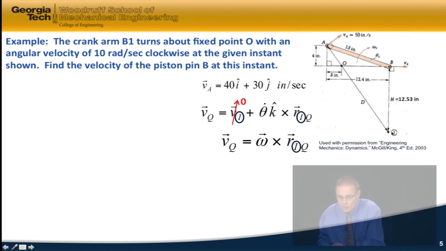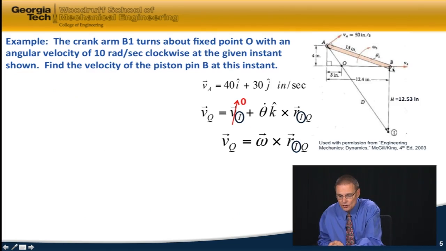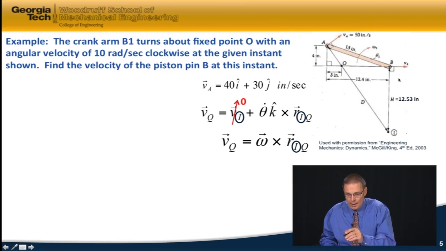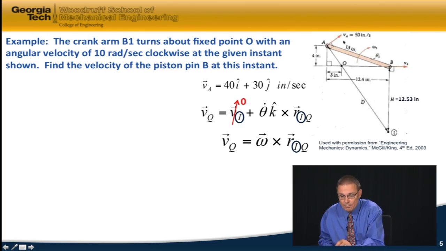So here again, here's the location of the IC. It's 12.53 inches below B for bar AB. I have already found the velocity of A. It's 40I plus 30J, or 50 inches per second total in this direction.